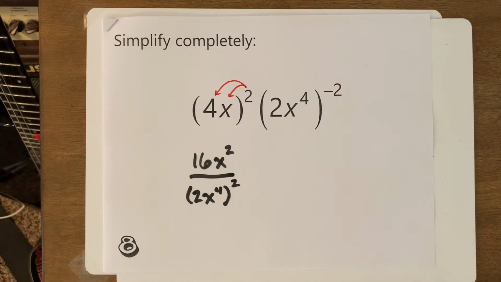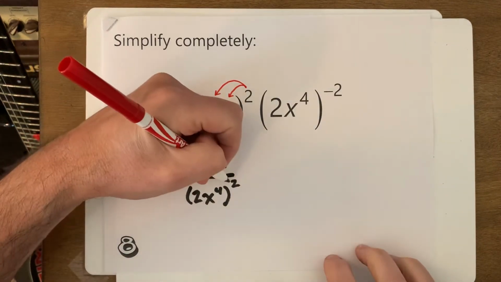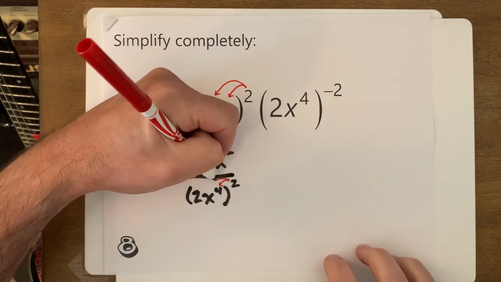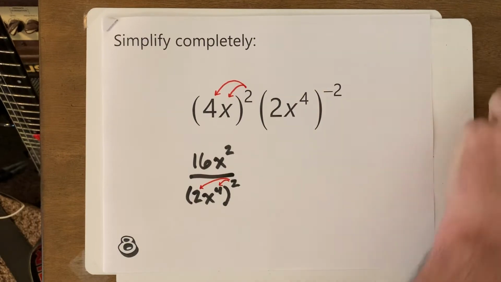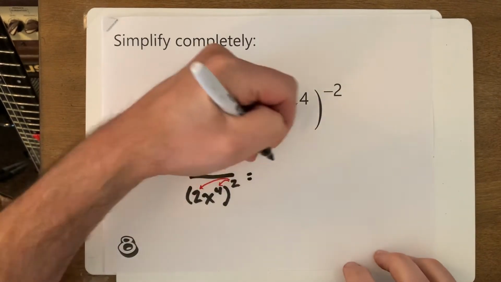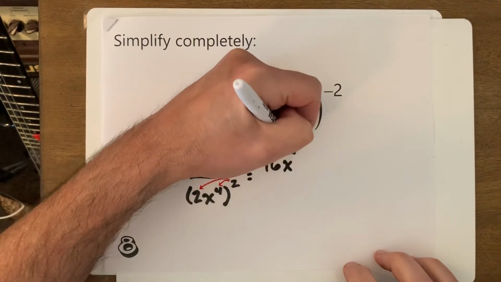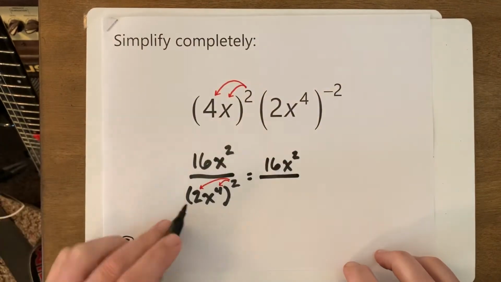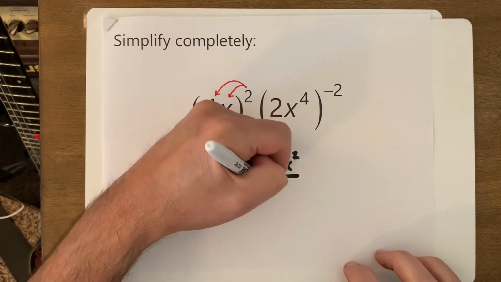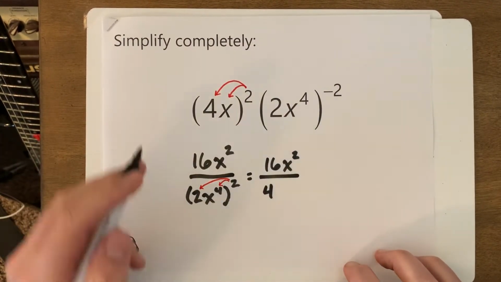So now what do I do? Well, I'm kind of done with the numerator for now, but my denominator, I still need to distribute that 2 to both of these. And so now what I have is 16x squared over 2 squared is 4, and 4 times 2 is 8 for the x.